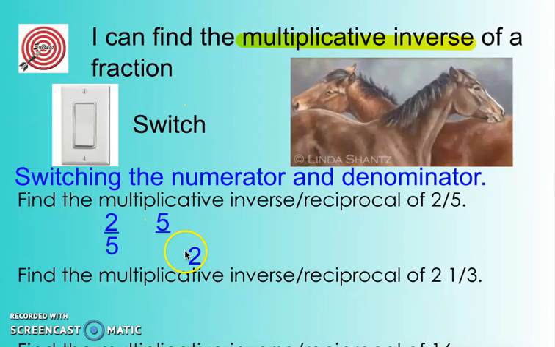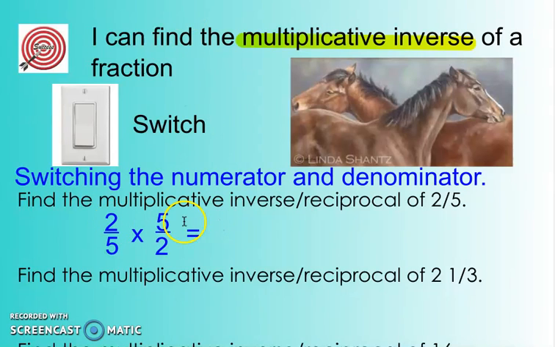And here's how I know that it is true. If I multiply these two fractions together, there is something true about every multiplicative inverse or every reciprocal. When you multiply it by its original fraction, what happens is you automatically get 1. And so let's try it.